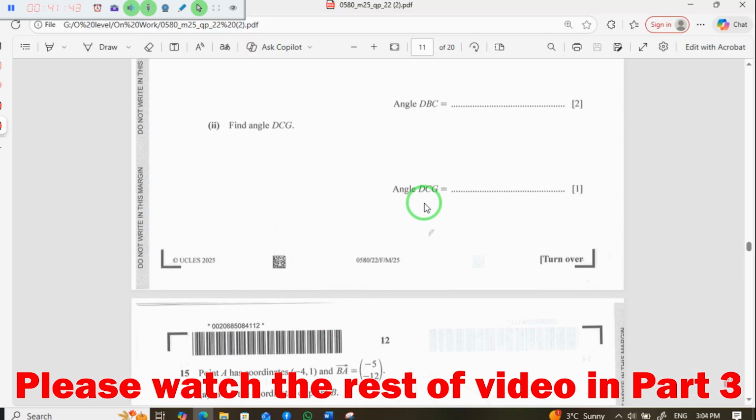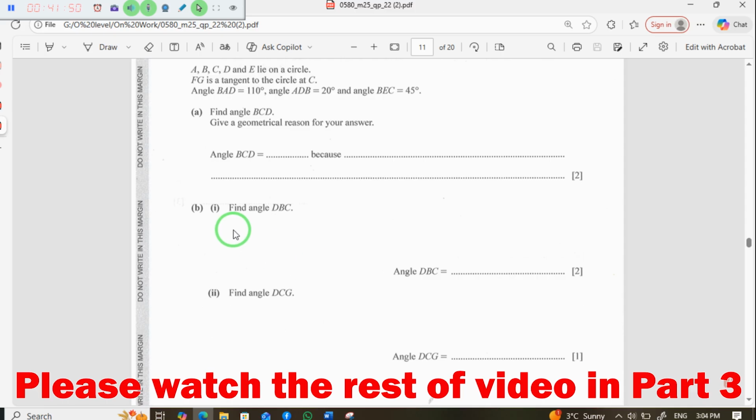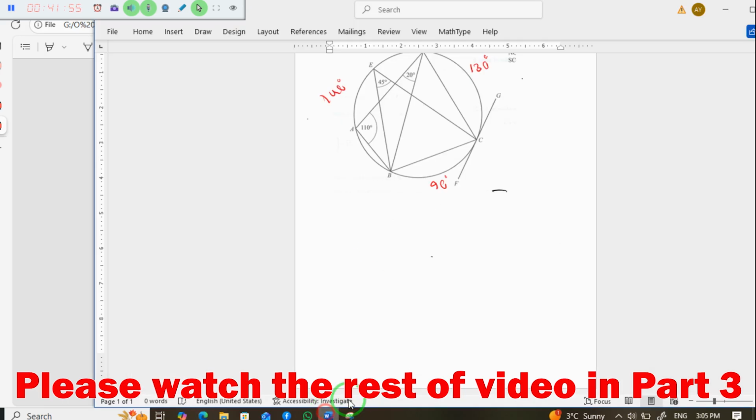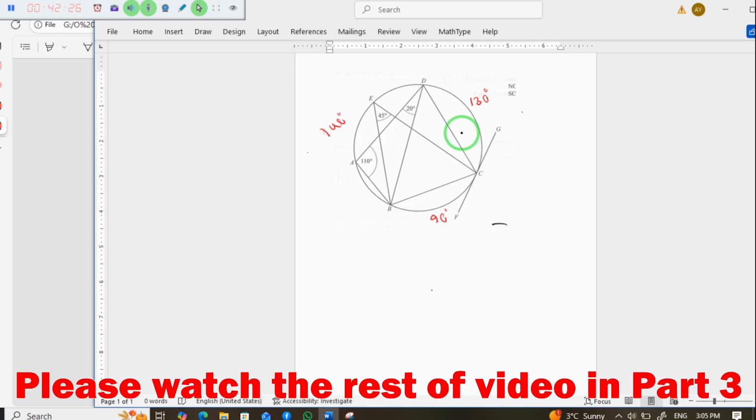Then we find DCG. How can we find DCG, part 3? After part B, DBC, we calculate DCG. Here is DCG. As you know, the angle between a chord and a tangent is equal to half of its opposite arc.